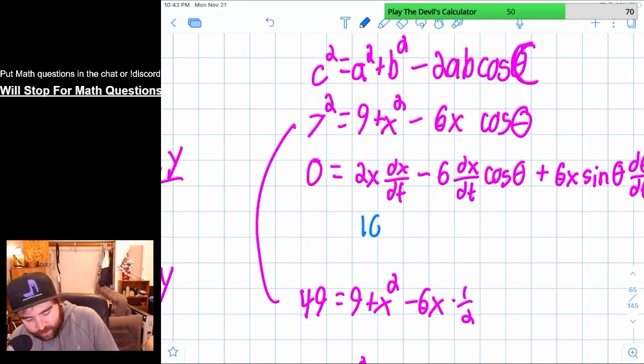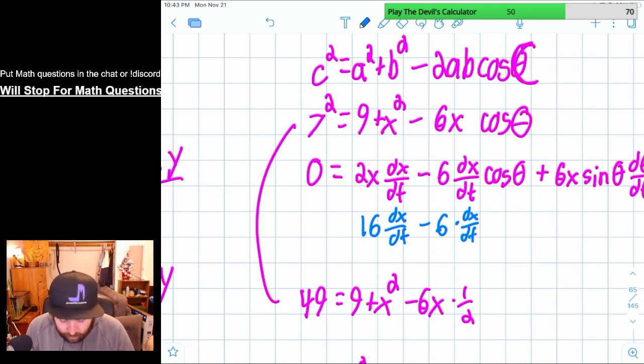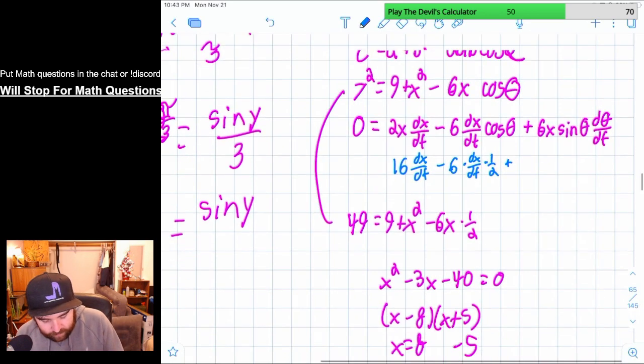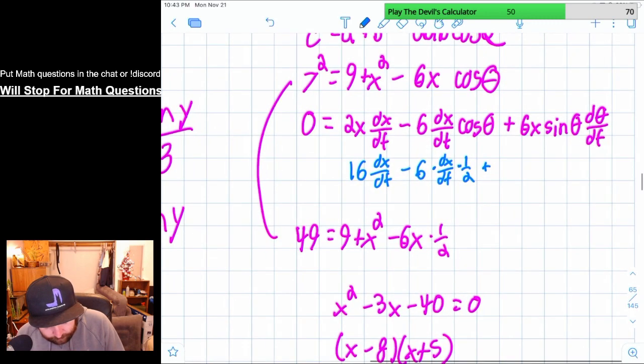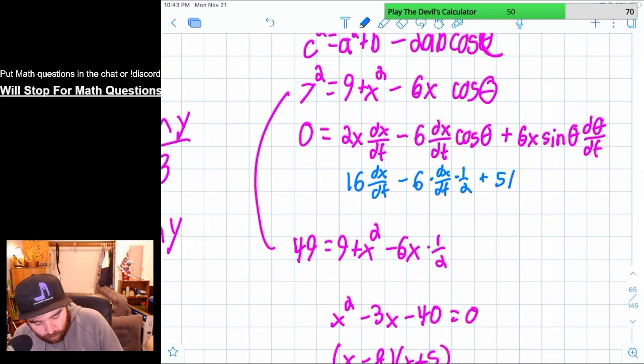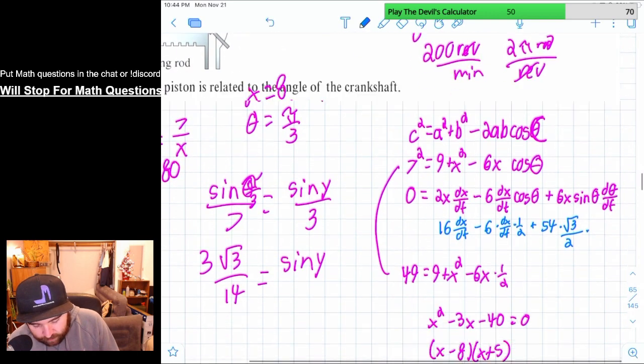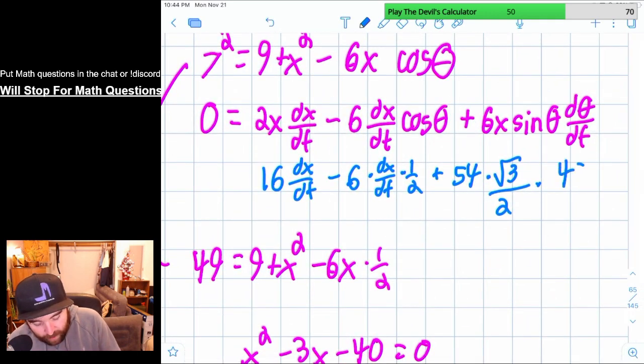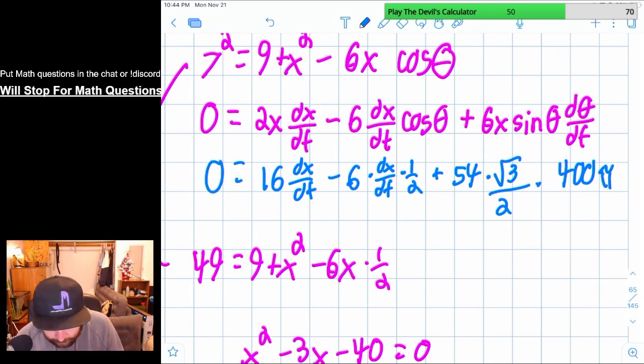So this is 2 times 8, 16 dx dt minus 6 times dx dt times the cosine of pi over 3, which is 1/2, plus 6 times x, which is 8, so 54, sine of theta, sine of pi over 3 is root 3 over 2, times d theta dt, which they told us was 400 pi. And 0 equals all of that.